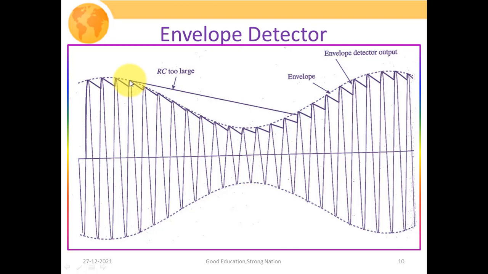If the time constant is too large, the capacitor will take a larger amount of time to discharge its voltage. So obviously at these particular points your capacitor voltage is much larger in comparison to your incoming signal. So the capacitor will fail to approximate the actual signal variation, and in this case our detector circuitry will not function well.